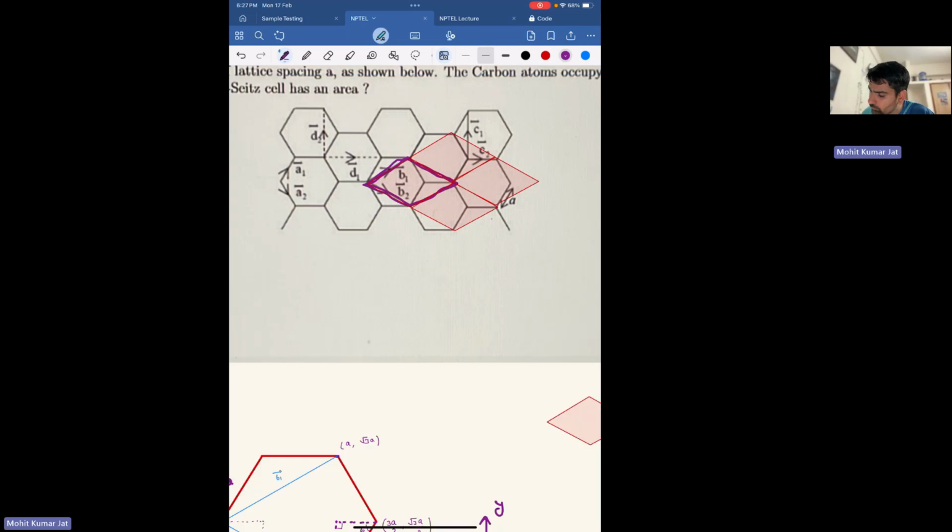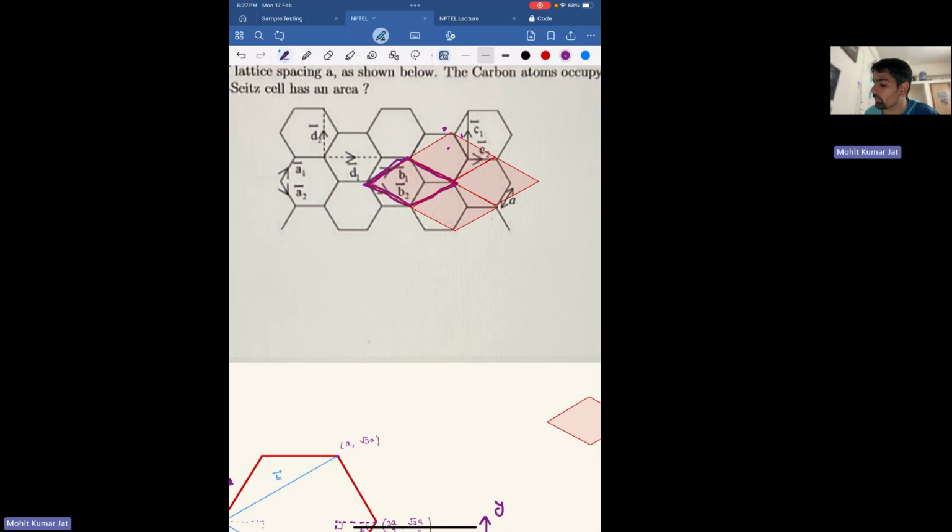Each corner will be shared with how many unit cells? 1, 2, 3. So each one will be shared with 3 unit cells.